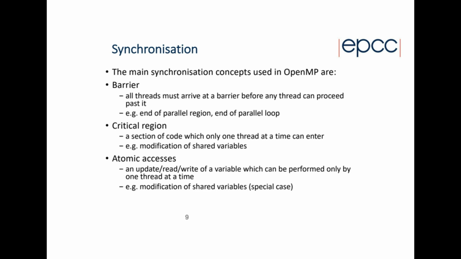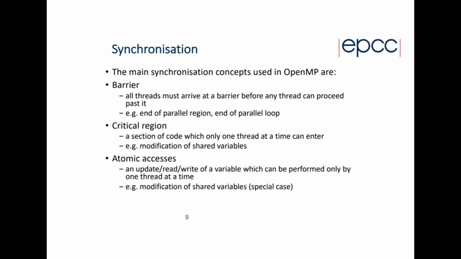The second main mechanism we have is what's called critical regions. This is a section of code which only one thread at a time can enter. So this is exactly what we need if we want to protect updates to shared variables from race conditions.